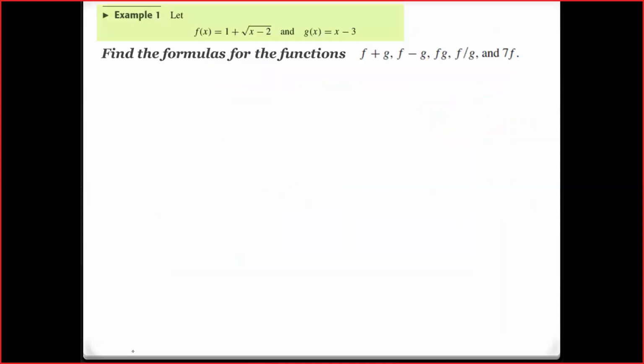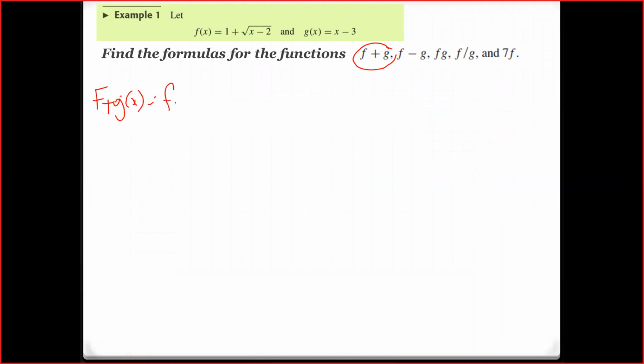Now, let's take example number 1. If f of x equals 1 plus square root of x minus 2, and g of x is x minus 3, I want you to find the formulas of the functions. Let's do f plus g of x.